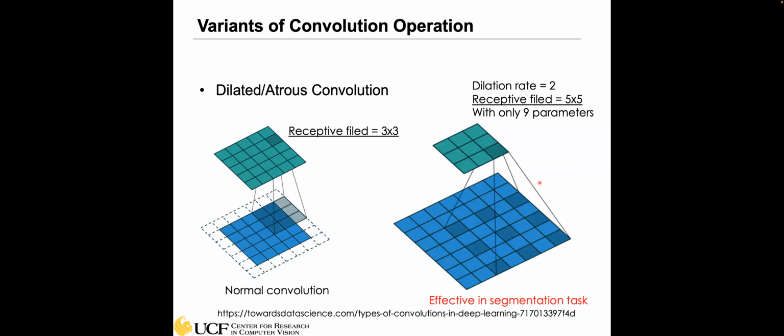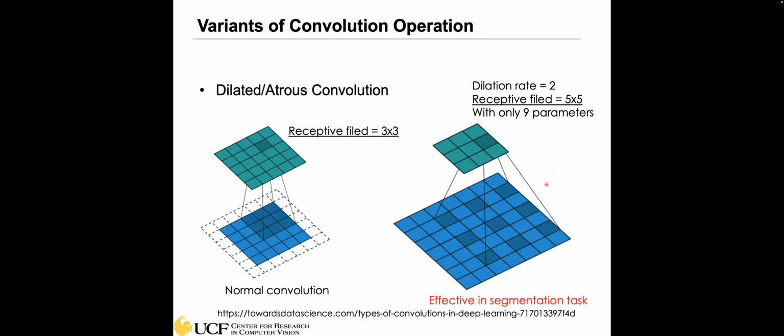But if you use a 3x3 with a dilation rate equal to 2, you are able to cover this 5x5 region, but the total number of parameters doesn't change. It's still going to be the same as 3x3, so you have fewer parameters compared to using the normal 5x5. So that's the advantage of using this kind of dilated convolution.